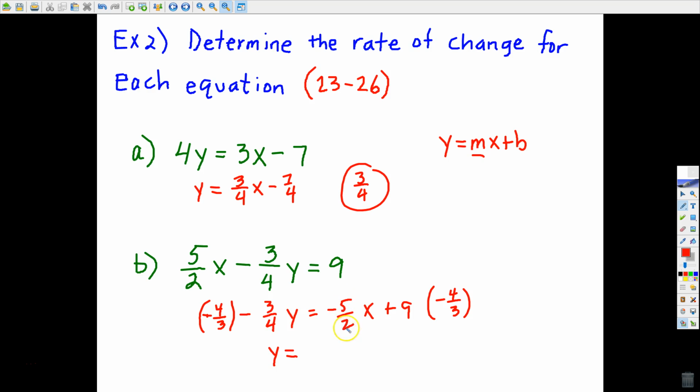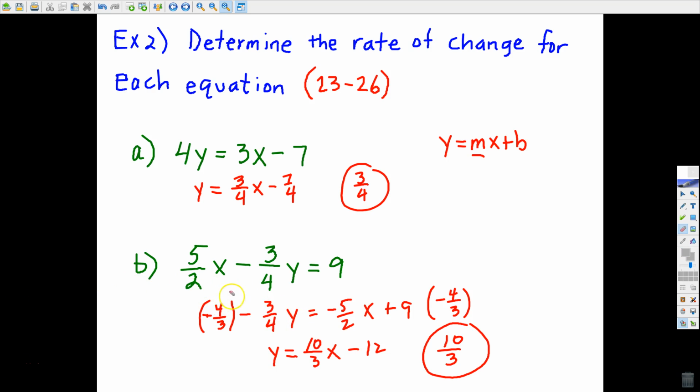When I multiply negative 5/2 times negative 4/3, I get 20 over 6, which is 10 over 3x. And then I need to multiply this, and this will be negative 36 over 3, which is negative 12. But really, the important part of this is the coefficient of x. And so the slope for this particular equation will be 10/3.